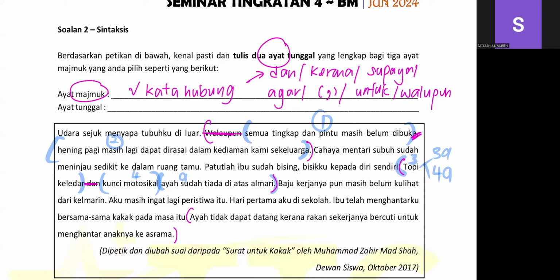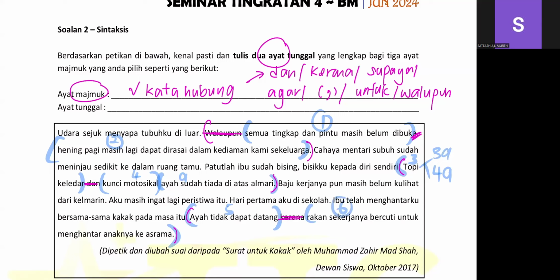So I cancel kerana. My first sentence, number 5, will be ayah tidak dapat datang. And number 6 is rakan sekerjanya bercuti untuk menghantar anaknya ke asrama.